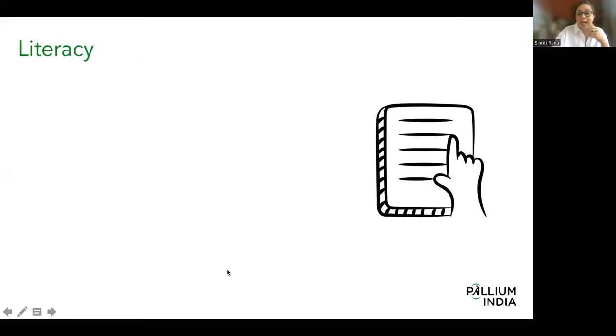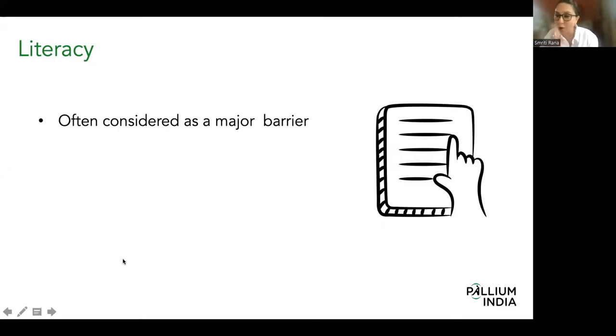Okay, literacy. So this is a question I'm going to ask you, and I'd really like to know. Literacy is often considered a major barrier. Literacy, the ability to read and write. Do you think literacy is a barrier to effective communication?